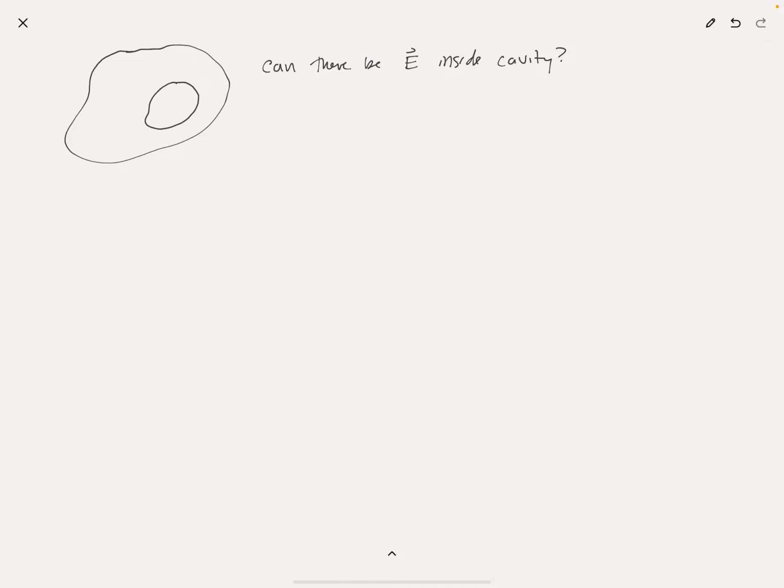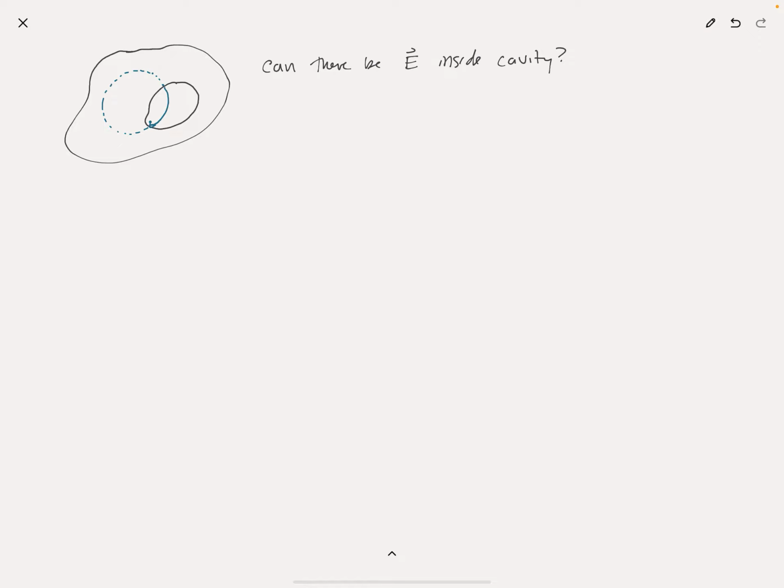Okay, there's no charge, so the field line, if it exists, has to go from one side to the other. One field line has to go from one side to the other. And it has to be a closed line somewhere, and let's say that it's closed inside of our conductor.